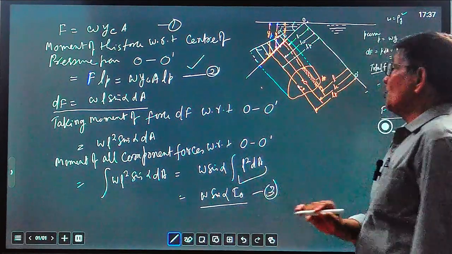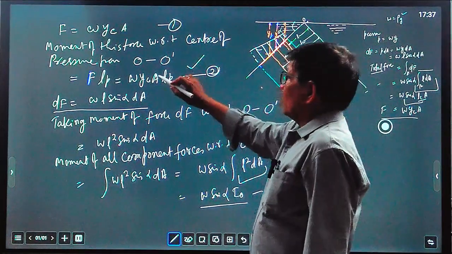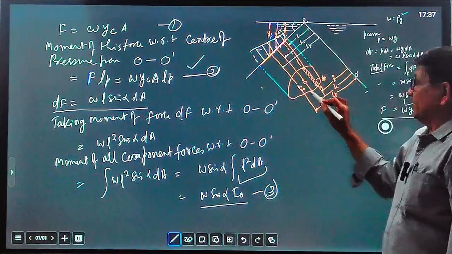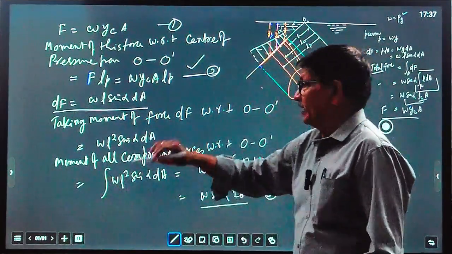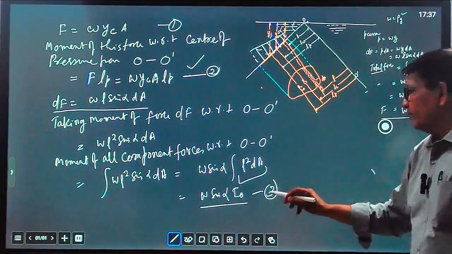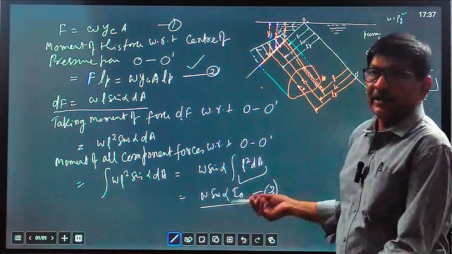From equations 2 and 3, equating because both are the same: we have taken the moment of the whole force with respect to the center of pressure, and by using component forces and integrating over the whole surface, we get the same moment of force with respect to O dash. So both are equal.